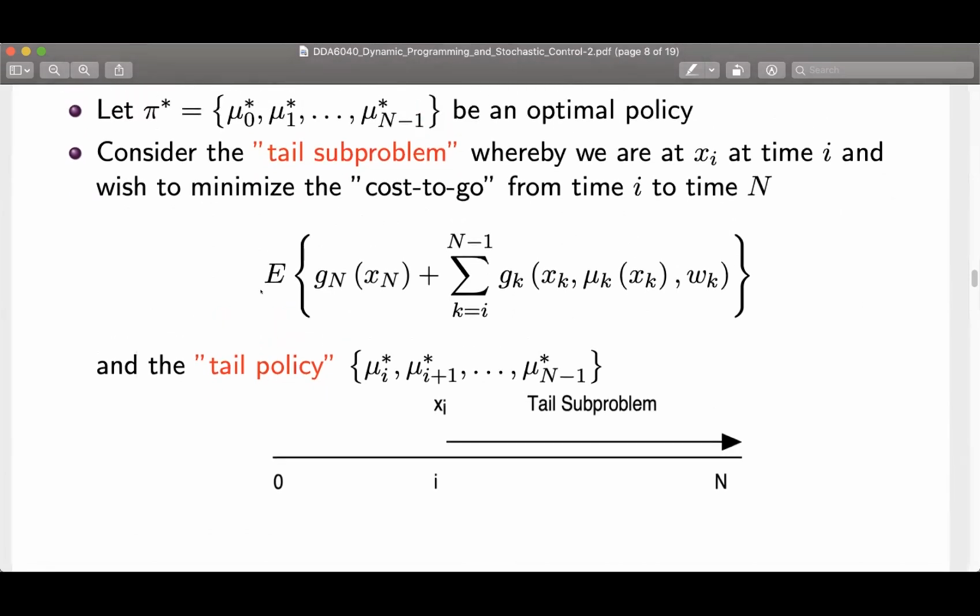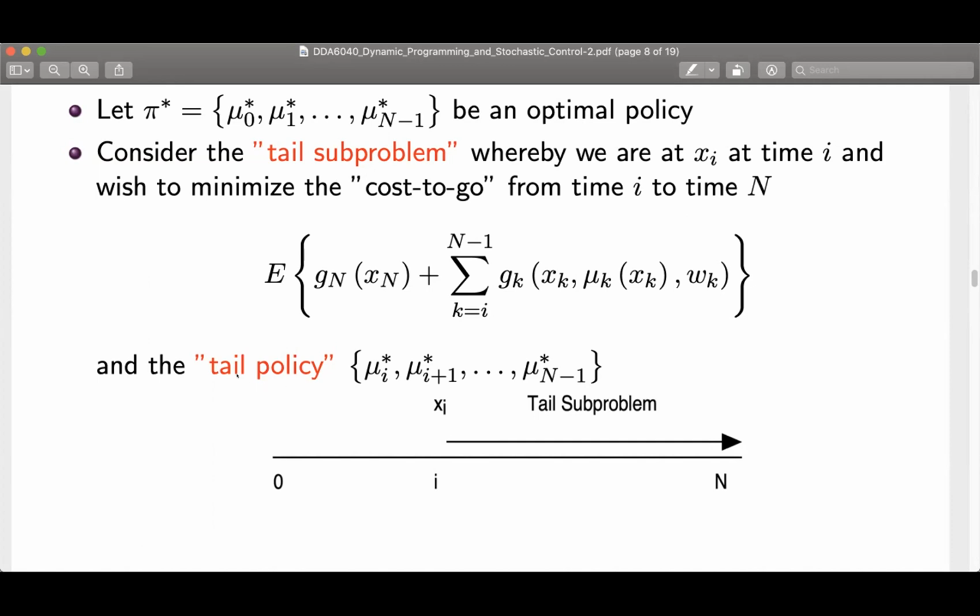The tail policy is not the optimal policy of the tail problem, but a truncated version of the optimal policy. We truncate the optimal policy at mu i-1, removing the previous maps. We only keep the optimal maps from mu i to mu n-1. This is called the tail policy.